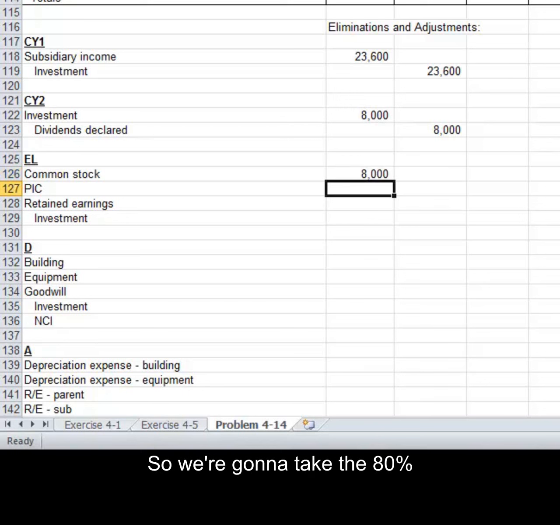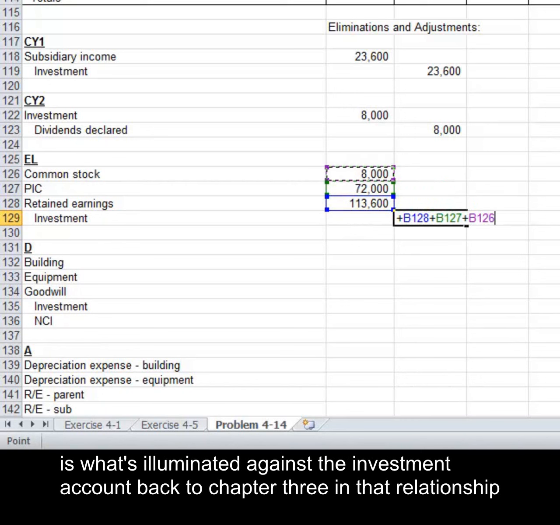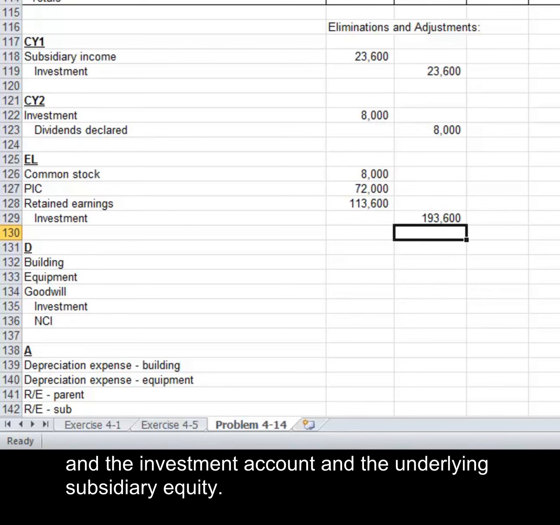So we're going to take the 80% of each item as our elimination amount. And the combination of all three of those is what's eliminated against the investment account, back to Chapter 3 and that relationship between simple equity recording and the investment account and the underlying subsidiary equity.